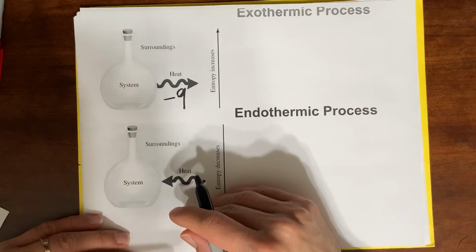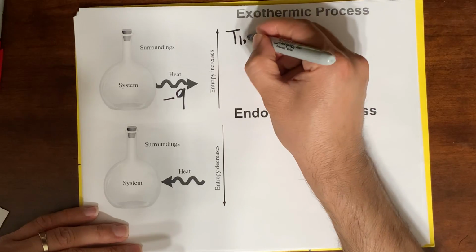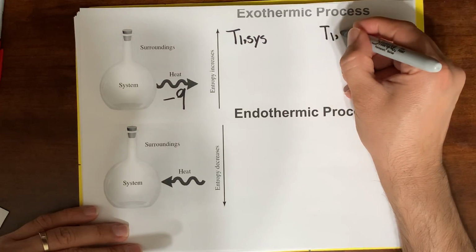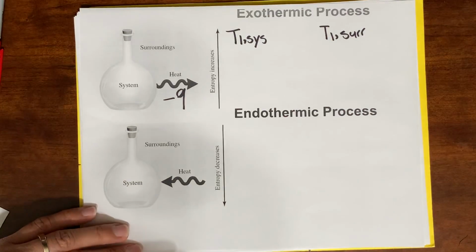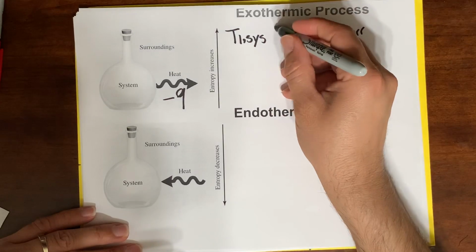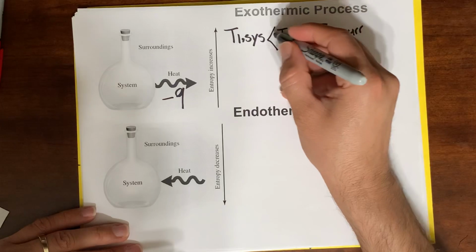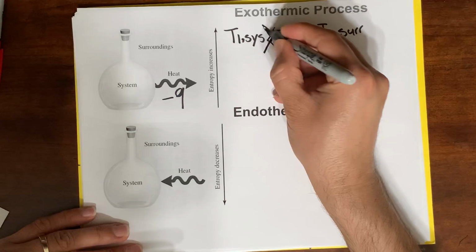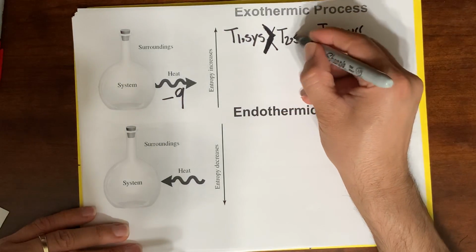Heat is going outside. So T1 of the system is going to be higher than T2 of the system, because it's exothermic.